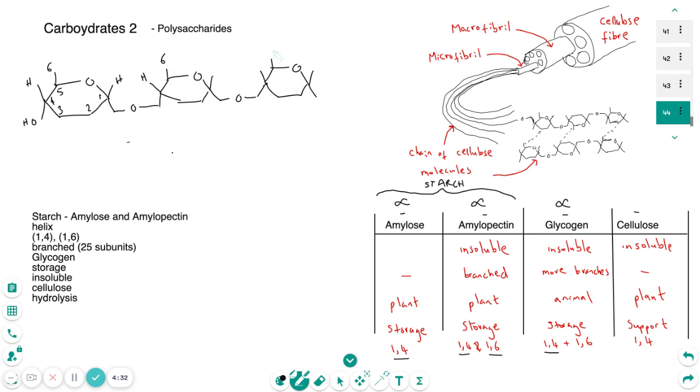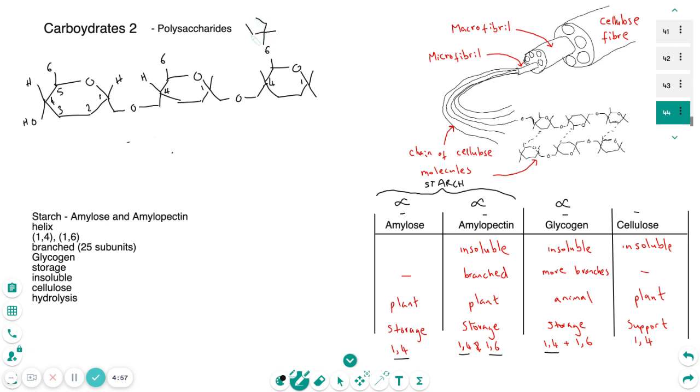There's our 6. Sorry, yep, 4, 1. So you get the 1,4, but in amylopectin, you can also get glucose molecules branching off here as well.